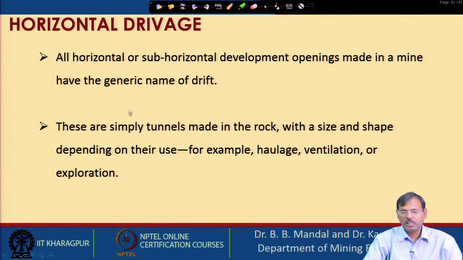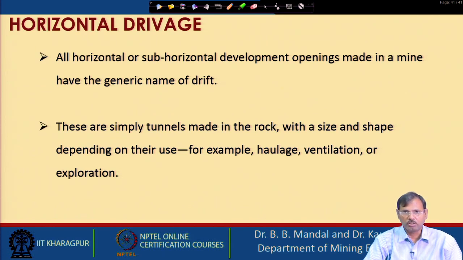If the opening is made in the mine, it is called as a drift. Drift is a generic name for all these horizontal or sub horizontal development openings. Whenever we call it a cross cut, basically it is a cross measure drift also.